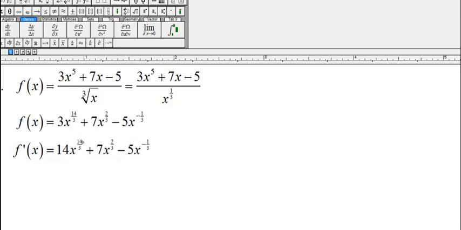Subtract 1 from the power. 1 is 3/3. 14/3 minus 3/3 makes that 11/3. 2/3 times 7 is 14/3. Okay, and then we subtract 1 from the power. 2/3 minus 1 is 2/3 minus 3/3, which is negative 1/3.